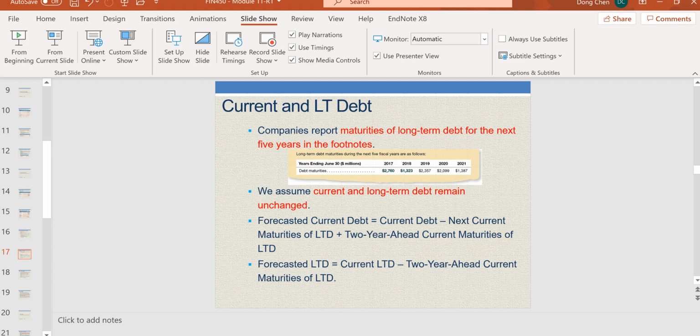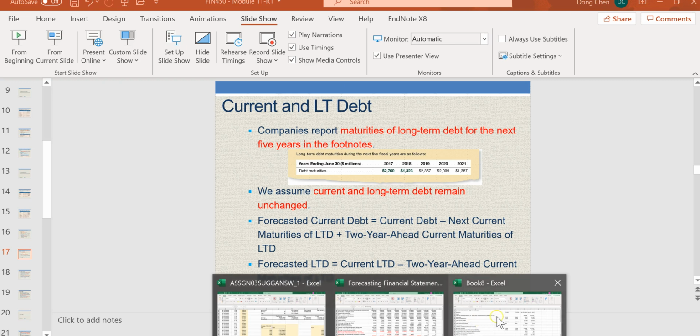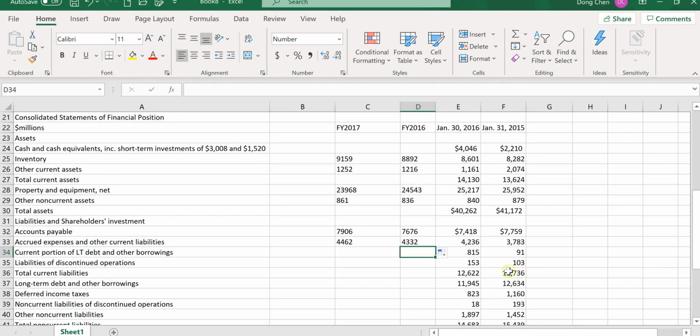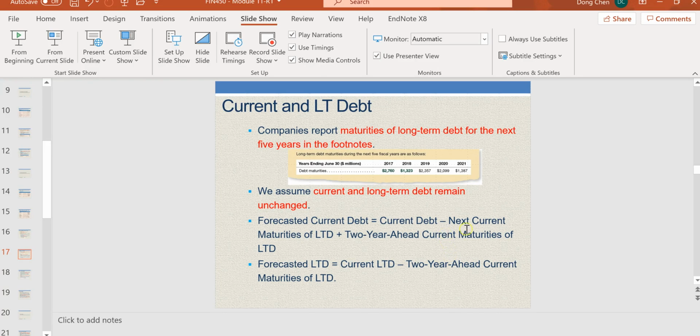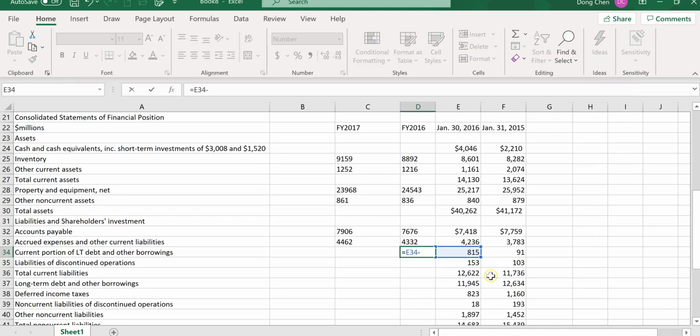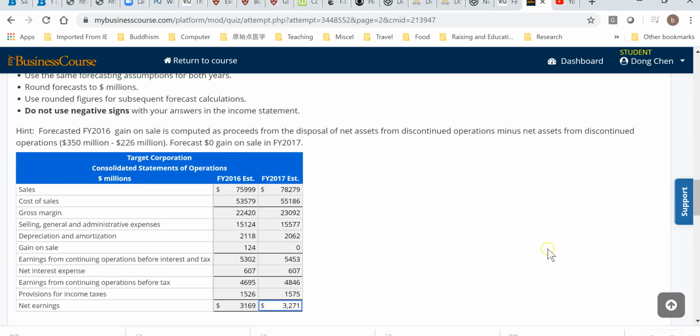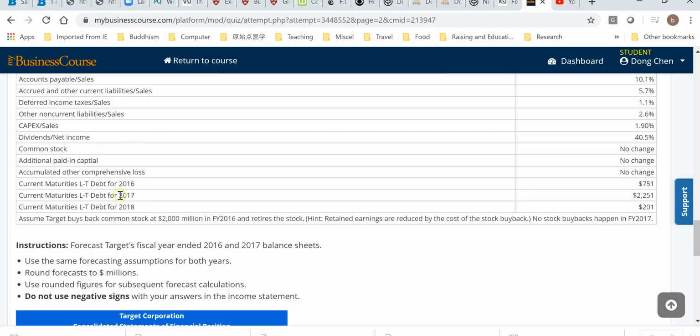So in this case, when we use this forecast, this is going to be current, which is the January 30, 2016 or fiscal year 2015 number, and then we will deduct next current maturities. So next current maturities is going to be the 2017 number, current maturities of long-term debt for 2017.